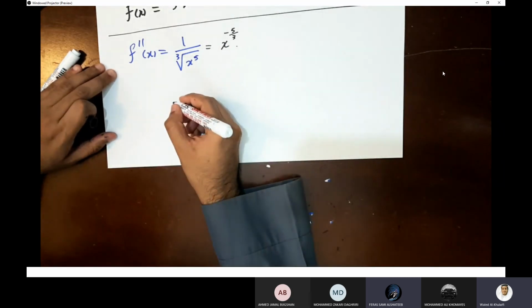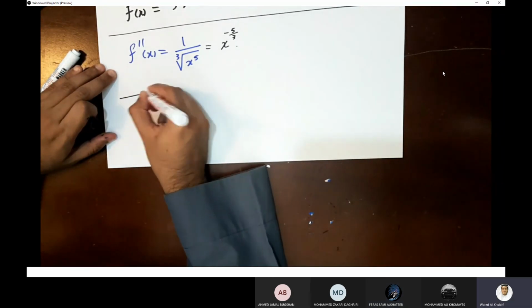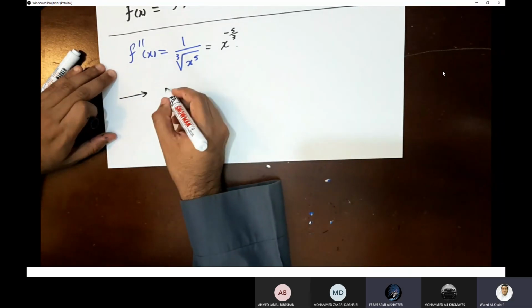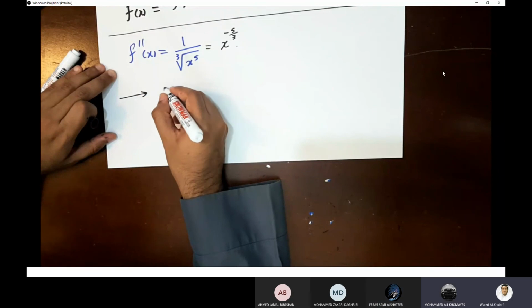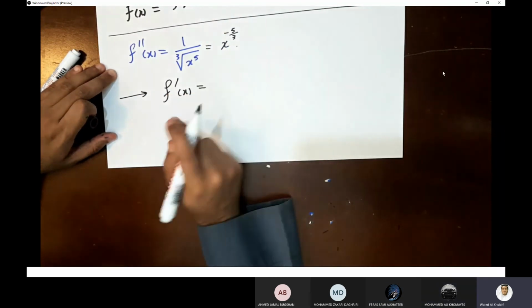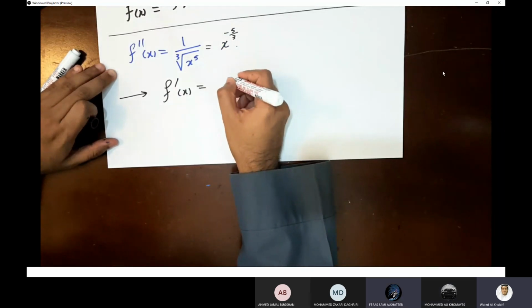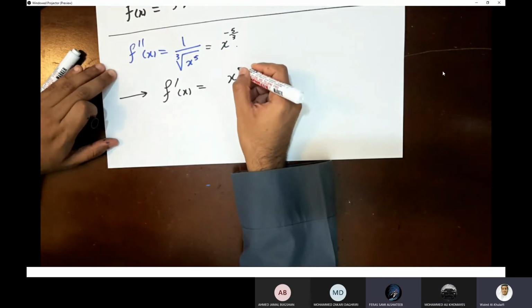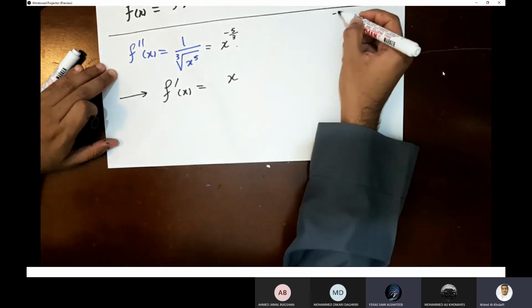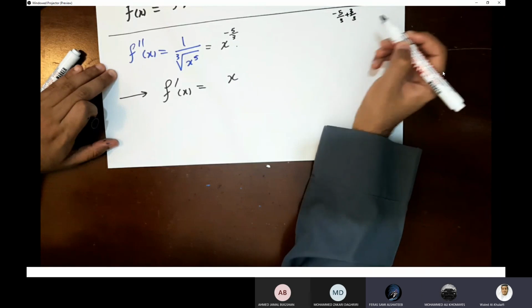Then do the antiderivative. When I take the antiderivative, it will be the first derivative of f. So the first derivative will be x to the power, you add 1, plus 1, it will be negative 2 over 3.